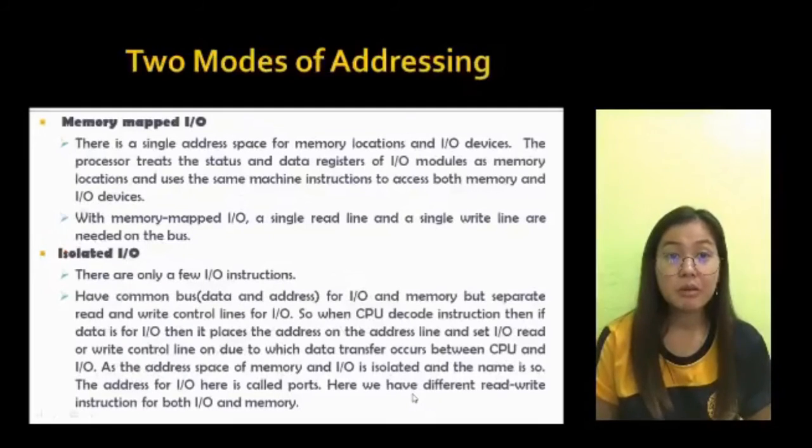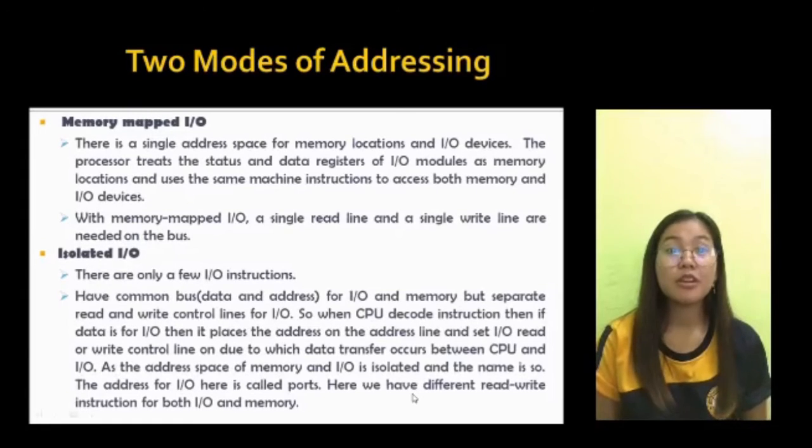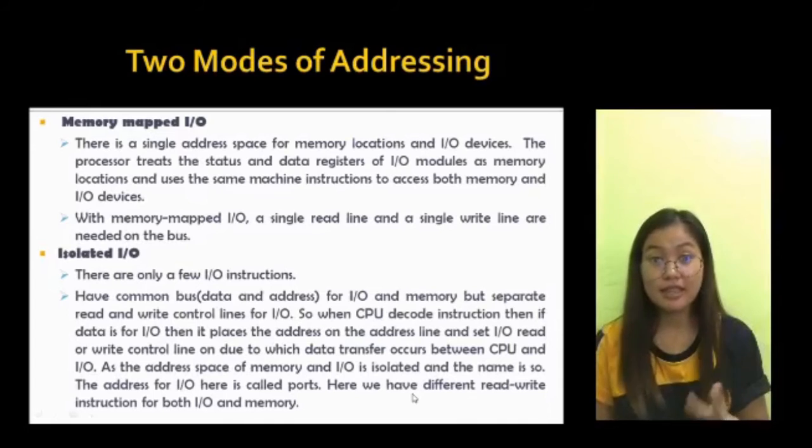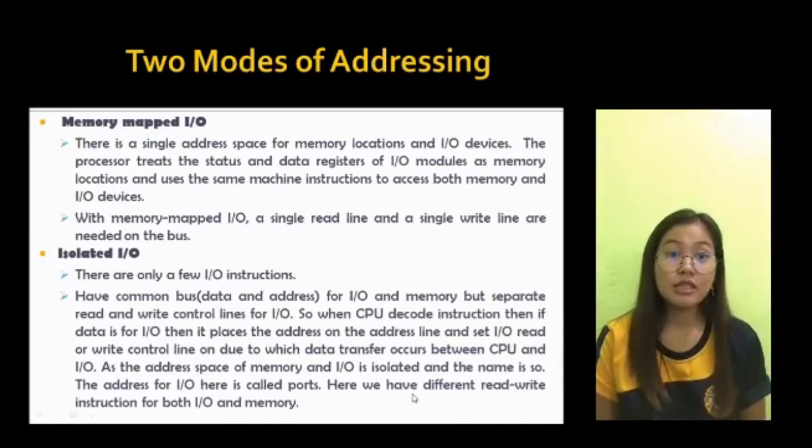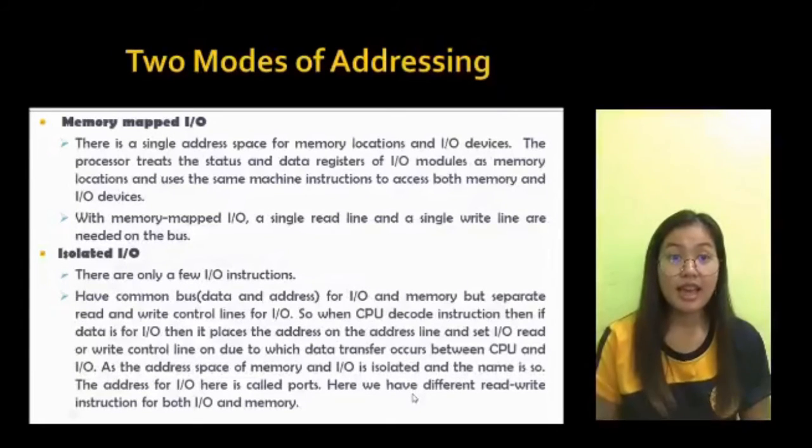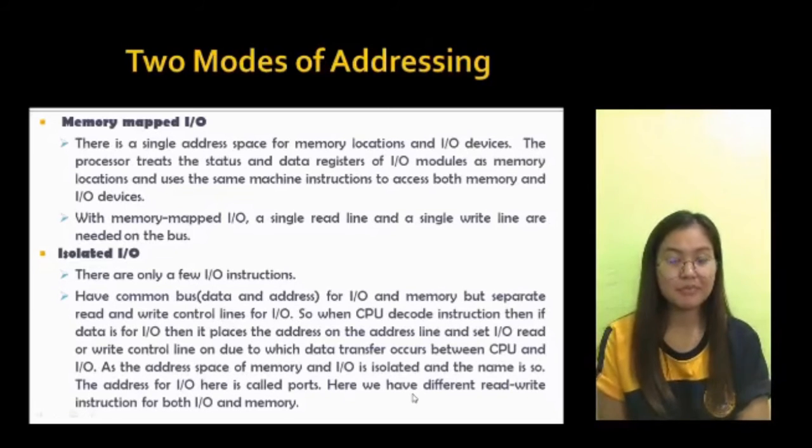When addressing with memory mapped I/O, there is a single address space for memory locations and I/O devices, and the processor treats the status and data registers of I/O modules as memory locations and uses the same machine instructions to access both the memory and I/O devices. So, in memory mapped I/O, a single read line and a single write line are needed in the bus.